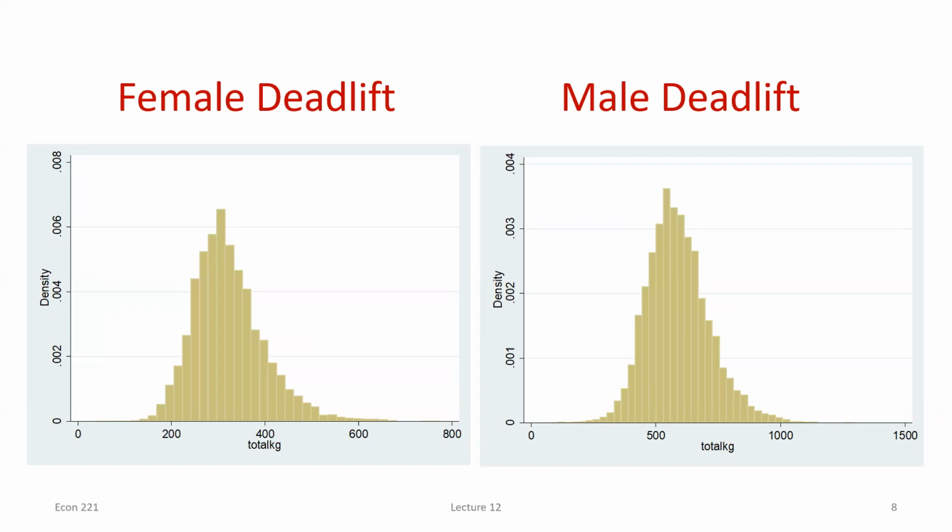The average weight lifted here is like 600 kilograms versus 300 or something. Okay, you could say that, but I looked at the data and I can guarantee you there are a lot more 300 plus pound men in that data set than 300 plus pound women. So yeah, they did lift almost twice as much. They also weighed twice as much if we're looking at the average weight of the lifter.